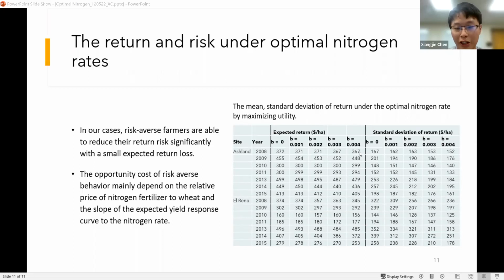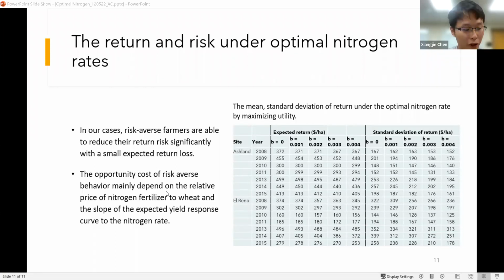For example, for Ashland, for the very risk-averse farmer, with B equal to 0.004, there is only a loss of expected return of about $5 per hectare, but the risk will reduce from 167 to 152. So in our case, the risk averse behavior does not bring much opportunity cost.